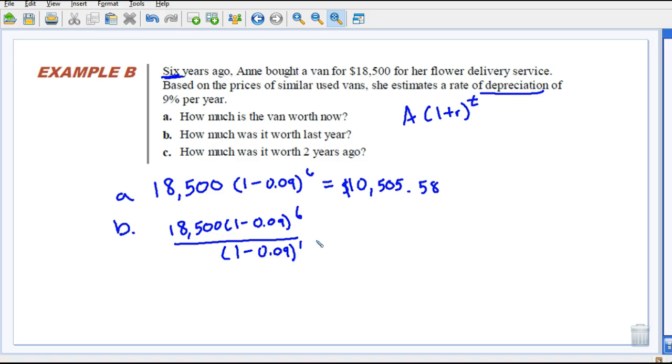Last year, we would just remove it once, or you could also write this as 18,500 times 1 minus 0.09 to the 5th. And that's not a number anyone really wants to know. If they say, is that how much your car's worth? They're going to look at you like you're crazy. So you should say $11,544.59.